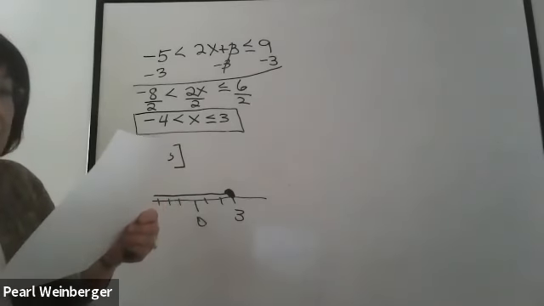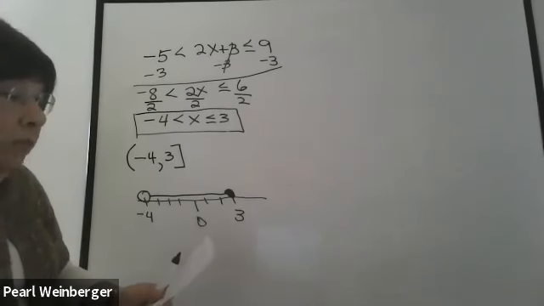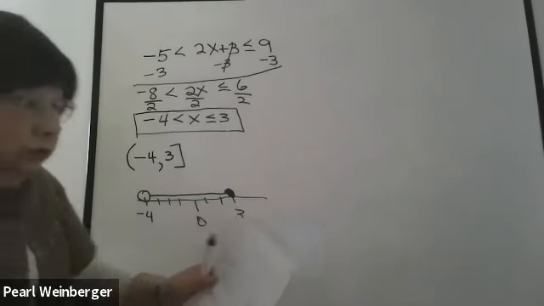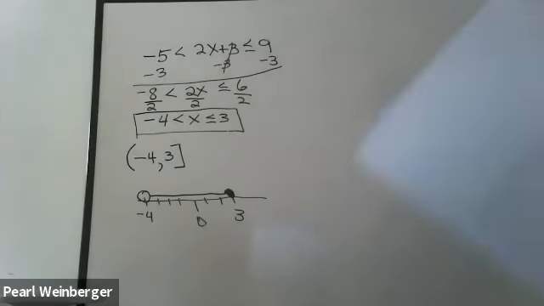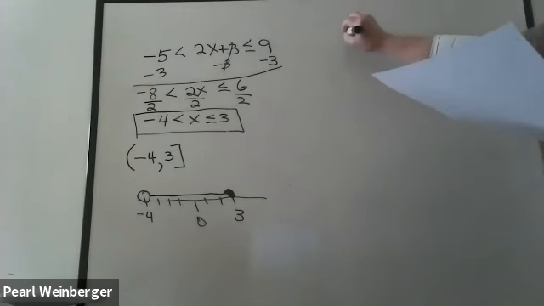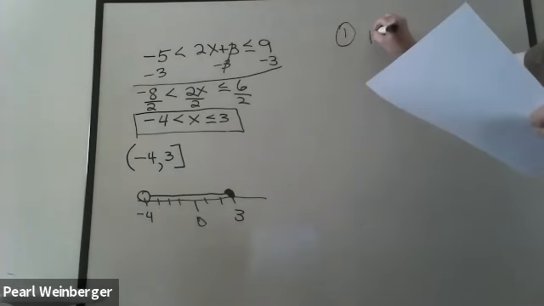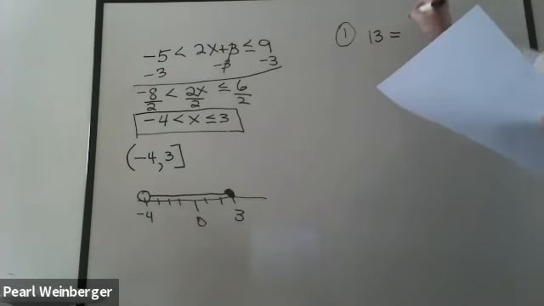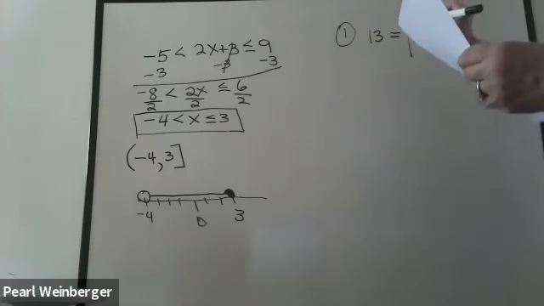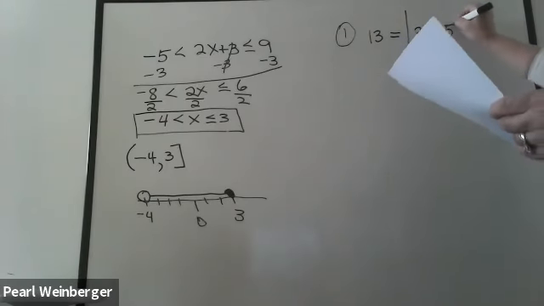All right, now let's do another problem. The last couple of problems we're going to do happen to be absolute value equations. So I'm going to give you 2 absolute value equations. I'll do it on this side. Number 1 will be 13 equals the absolute value of 3a minus 5.